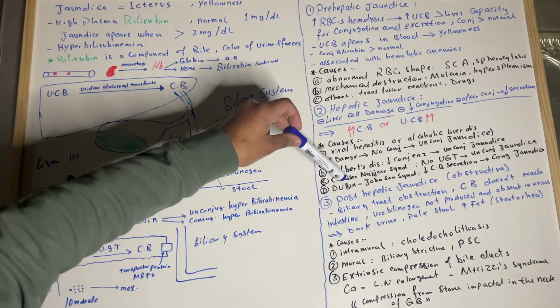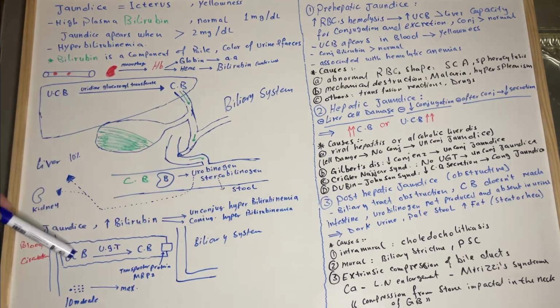The levels of unconjugated bilirubin increase due to absence of the enzyme, and this increases the risk of what we call kernicterus. Since unconjugated bilirubin is lipid soluble, it can bind to the basal ganglia in the brain and cause kernicterus, which is a serious disease.